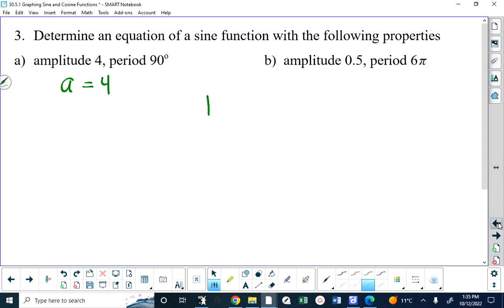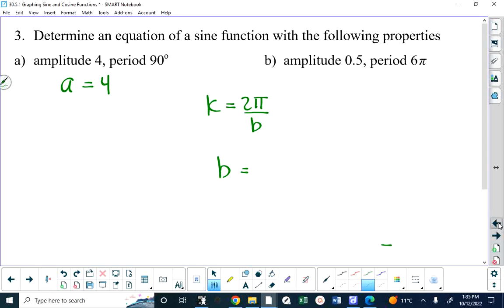Now I want to talk about this. If you rearrange that for B, what do you get? Not in this question.